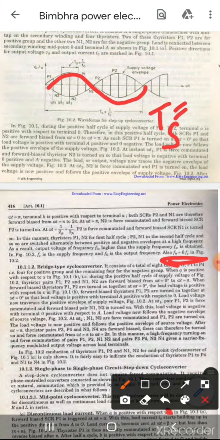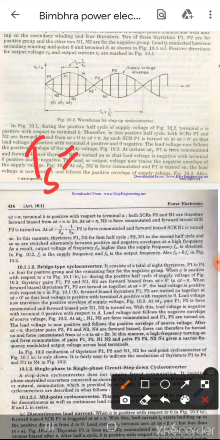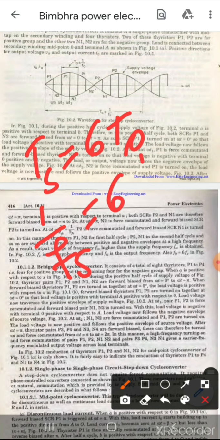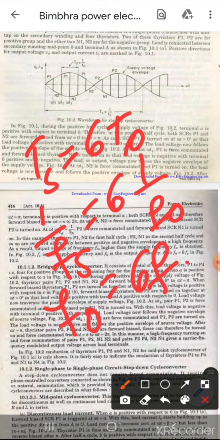Ts is equal to 6T0. Ts is 1 by Fs, which is equal to 6 into 1 by F0, or you can write F0 is equal to 6Fs.